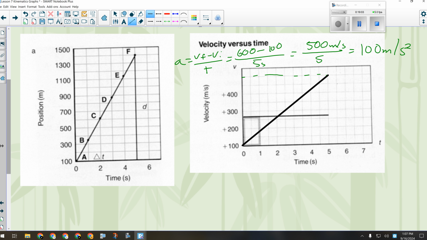What does the squared mean? Does it actually mean I should square root this number to get the real number? No. It just means that when I did this, I actually went meters per second divided by seconds. Think fractions here, guys. Meters per second divided by seconds over 1. If I'm dividing fractions, what do I have to do? Flip it and multiply, right?